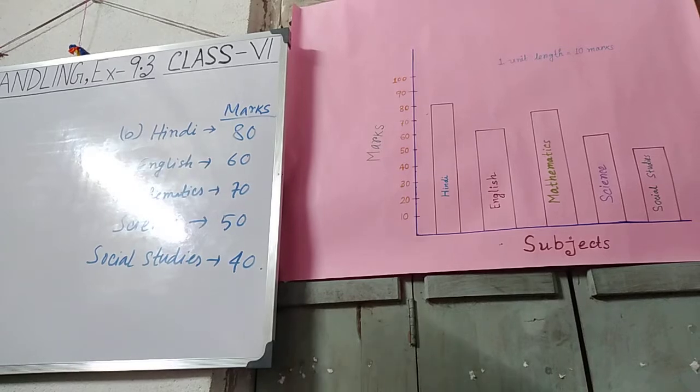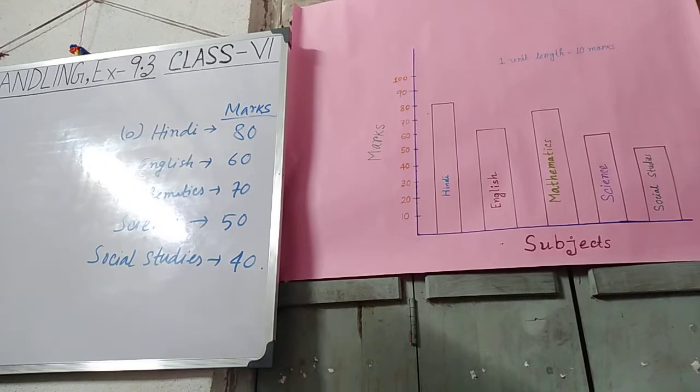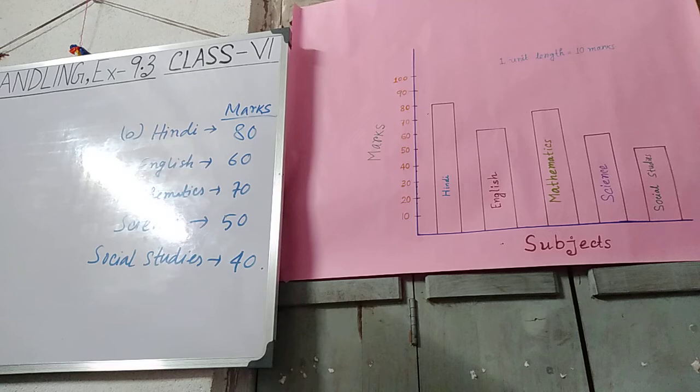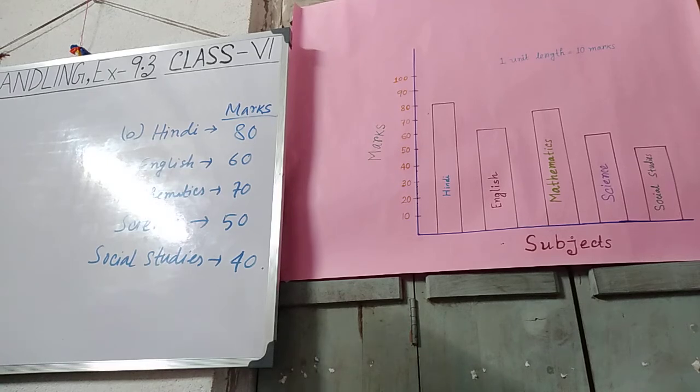Let us recapitulate. Question number 3 again. In first question it is written, what information does the bar graph give? So this bar graph shows the marks obtained by Aziz in different subjects.